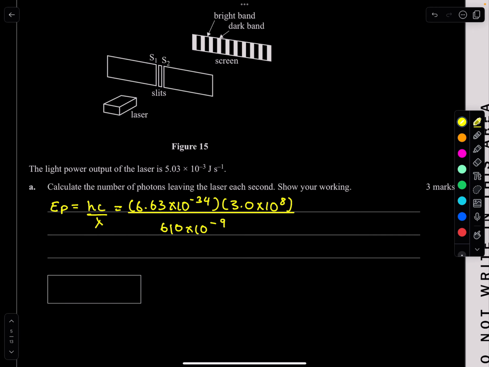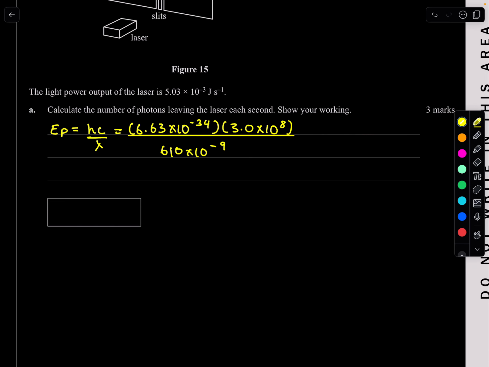Yes, so that's going to give me 610 times 10 to the negative 9, and that gives me how much energy each photon releases, in joules.